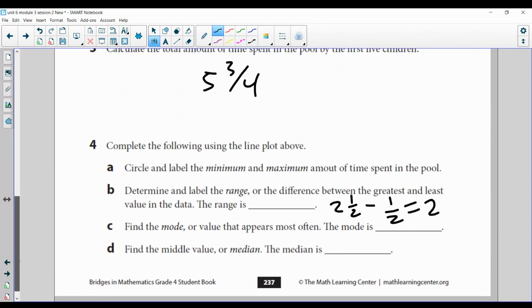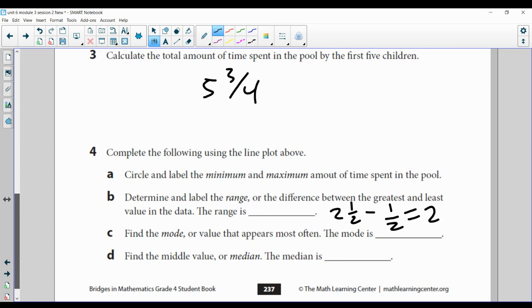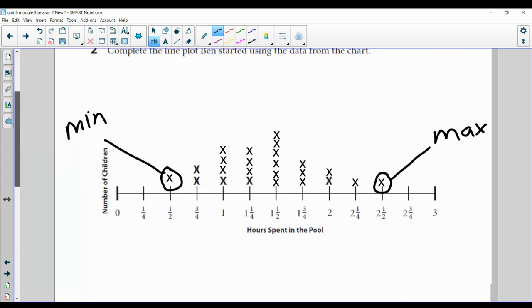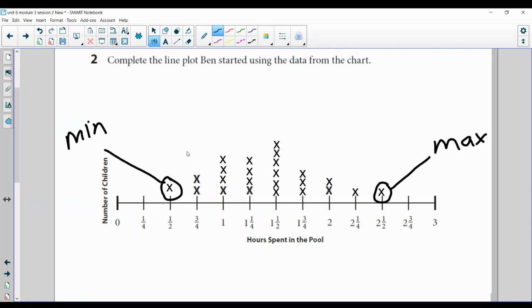Going back down here, find the mode or the value that appears most often. So with this one, once again, if you put your X's on the right spots, it should be pretty easy when you have a line plot set up to figure out what the mode is. And so which number appears the most often?